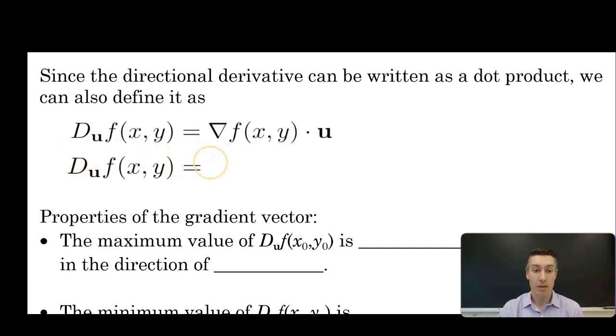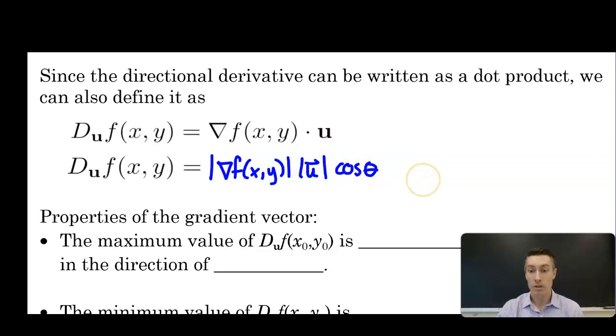So we can say that the directional derivative is equivalent to the magnitude of the gradient times the magnitude of the unit vector times cosine theta. And just to point out, theta is the angle between the gradient and u.